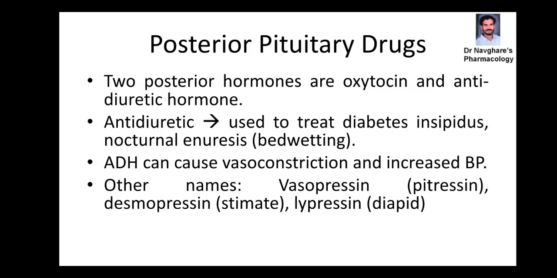So, posterior pituitary drugs. The posterior pituitary hormones are oxytocin and antidiuretic hormone. So, the role of oxytocin and antidiuretic hormone: antidiuretic hormone is used to treat conditions like diabetes insipidus.